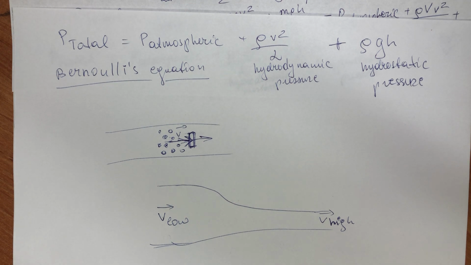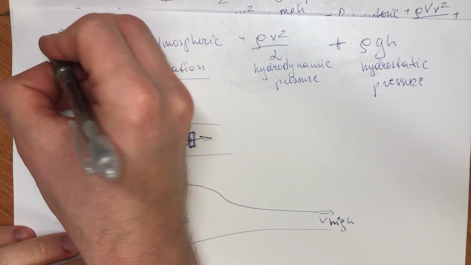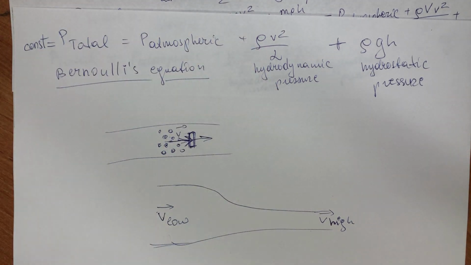So it means that in this case, if P total is constant, this has to be constant.